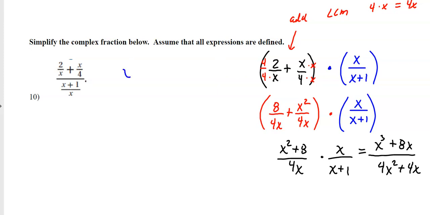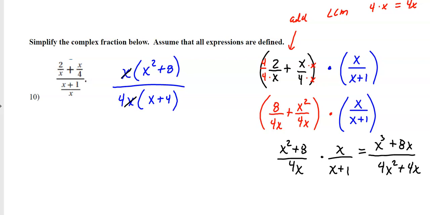On top, I could yank an x out. I get x squared plus 8. On the bottom, I could yank a 4x out of there. And I would get x plus 4. And then I have this x and this x that can be knocked out of there.